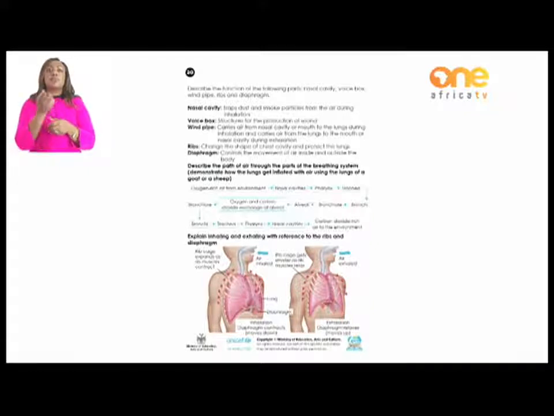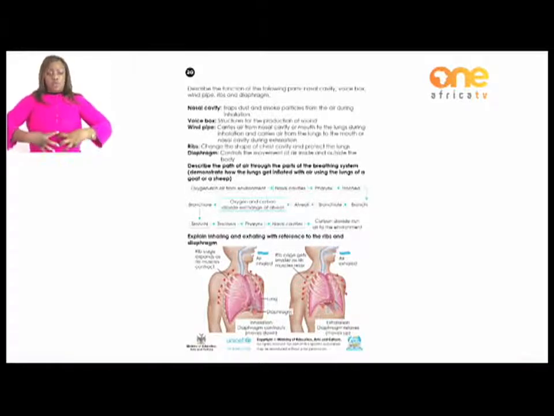We have the windpipe. As it says, we have the word wind, and we have the word pipe. These two words join together and describe the function of carrying air from the nasal cavity or the mouth to the lungs during inhalation, and also carrying air from the lungs to the mouth or the nose during exhalation. Okay? We are saying that it has two jobs.